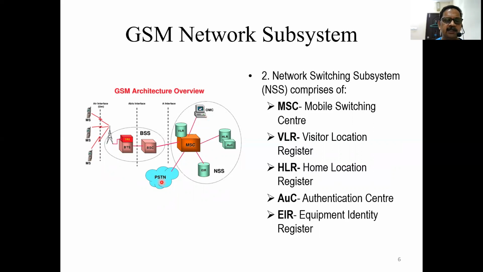And MSC is connected to PSTN. The network switching subsystem comprises the MSC, mobile switching center, VLR, visitor location register, HLR, home location register, AUC, authentication center, sometimes called AC also. This is the authentication center. Then EIR, Equipment Identity Register. This is the EIR.